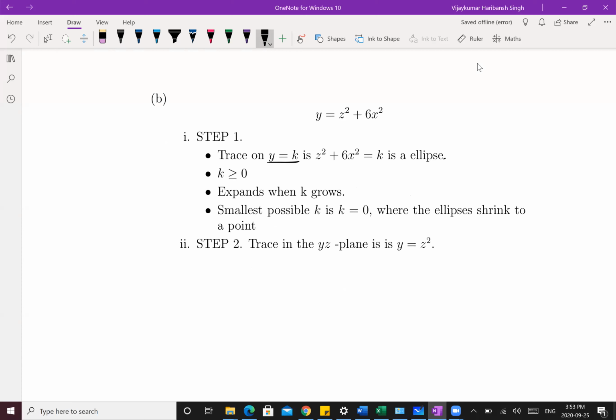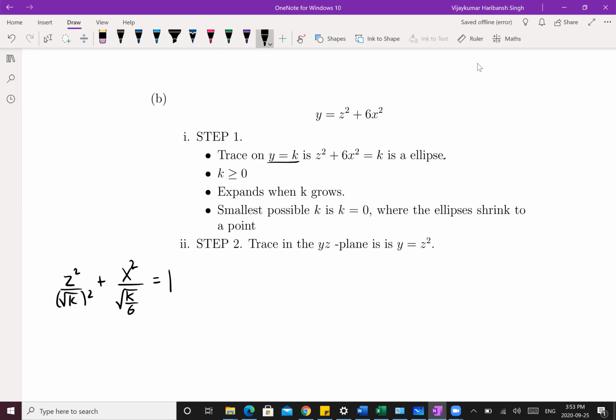It's an ellipse of the form z squared by square root of k the whole squared plus x squared by square root of k by 6 the whole squared equals 1. So this is an ellipse.